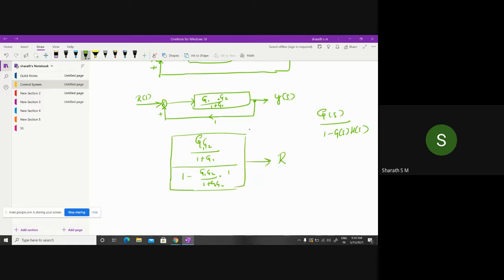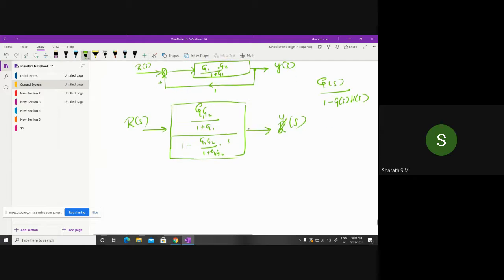So this is Y of s and this one has R of s. We can simplify all this, so that is a reduced block diagram. Take the LCM here, and the two denominators cancel each other, so G1 G2 whole divided by 1 plus G1 minus G1 G2. Here we have only G1, it's not G2.